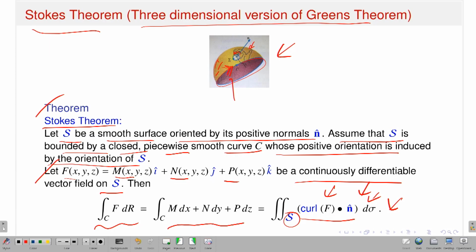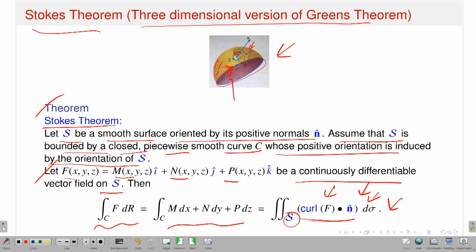Again you start with a surface, look at the boundary, and the vector line integral over the boundary is exactly equal to the surface integral of curl of F dot n cap. That means this is the scalar surface integral. So this is the corresponding 3-dimensional version of Green's theorem.